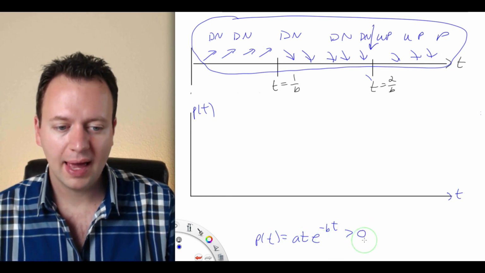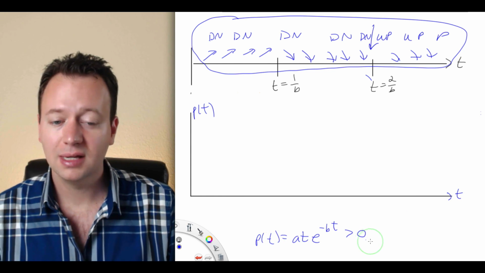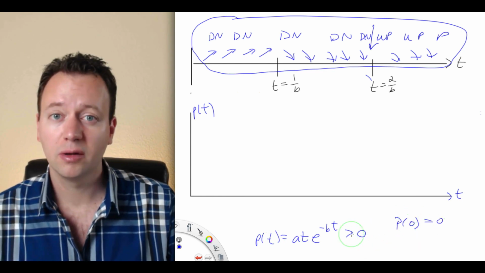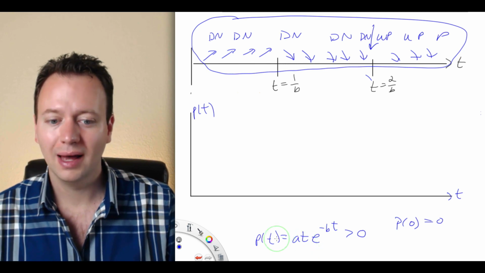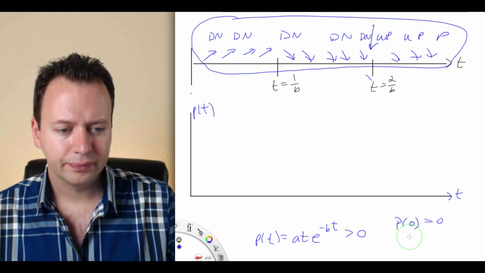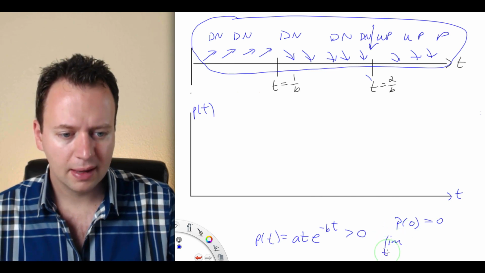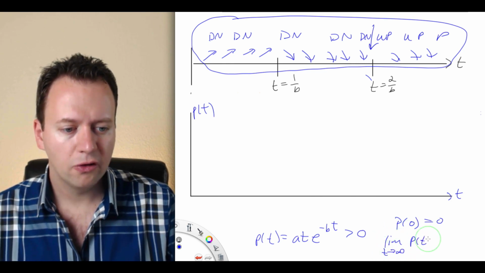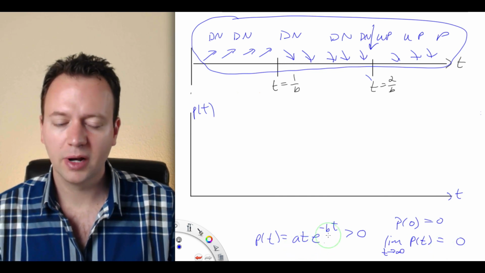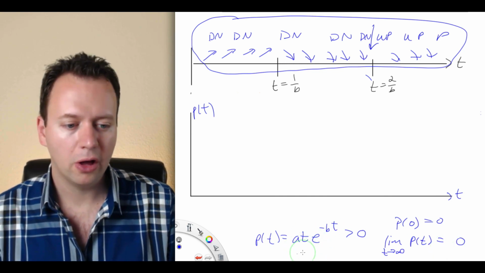Also, p of 0 is equal to 0, because if I plug in t is equal to 0, I get 0. And then also the limit as t goes to infinity of p of t is equal to 0. We know this because it's exponential decaying, and that wins out over any polynomial.